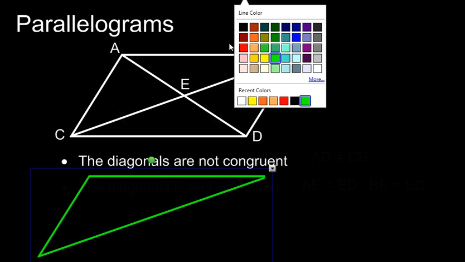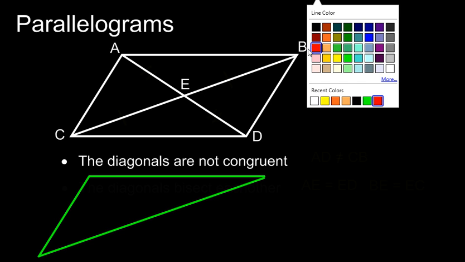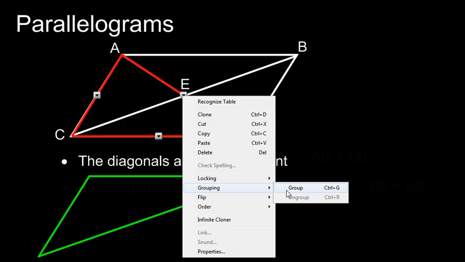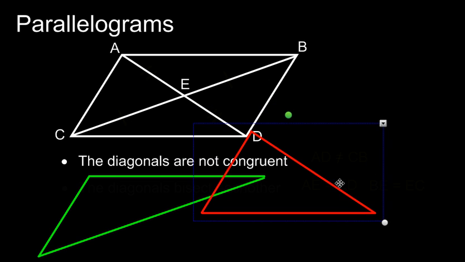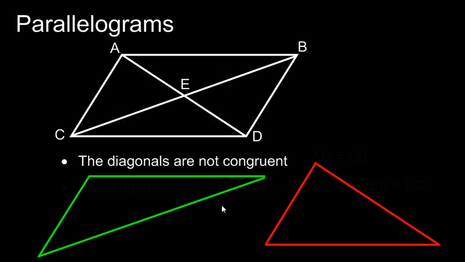We'll make it a different color. We'll do this in red. And then if I have A, C, D, and I'll group those together as well. Right? We have two different triangles where this is my first diagonal, BC, and this is my second diagonal, AD.